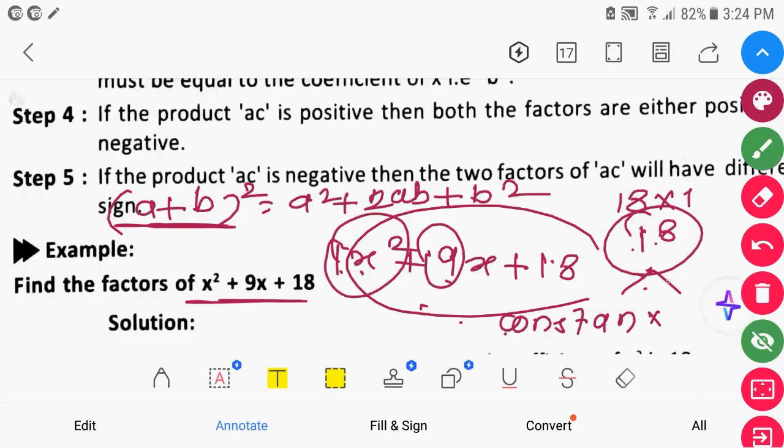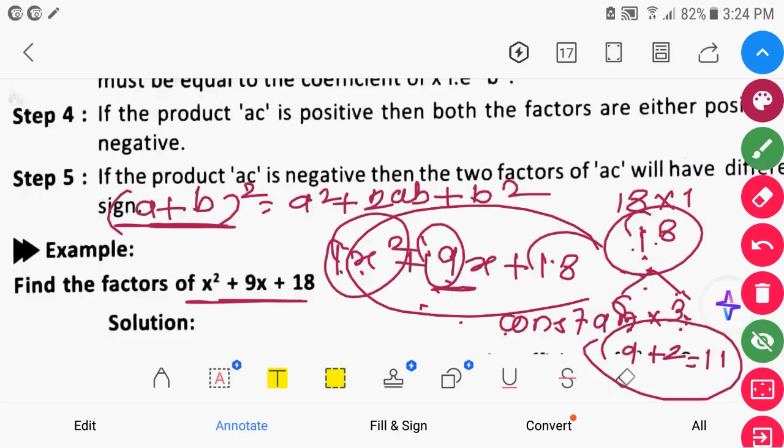Now 6 threes are 18, 9 twos are 18. But I choose 6 and 3. Why? Because 9 plus 2 becomes 11 and I want 9x. So 6 plus 3 becomes 9. So 6 and 3 are the two factors of 18 such that their multiplication is 18 and their addition is 9x.